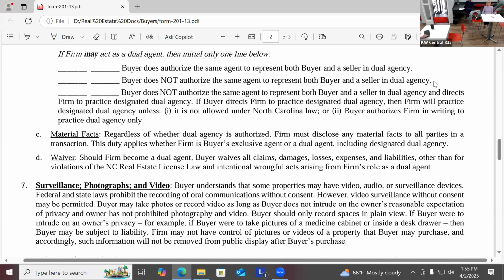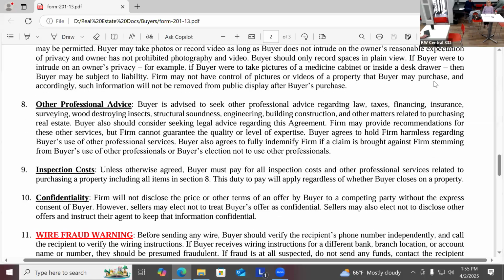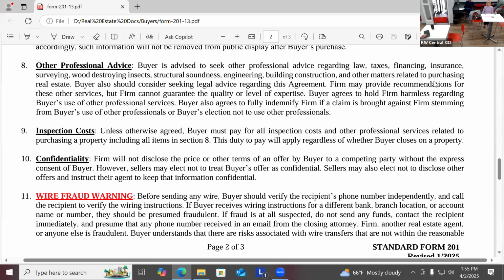Inspection costs. This is just another place. It says it in the offer to purchase as well. But this is where we're telling the buyer, if you're going to have these inspections, you are going to pay for the inspections. You can't have a home inspection and then the home inspector recommend that you get an HVAC inspection, and then you expect the seller to pay for the HVAC inspection.